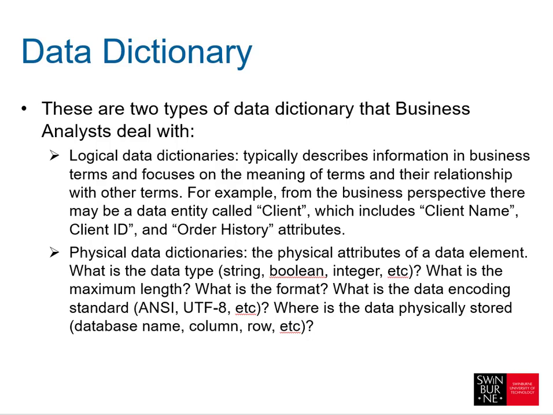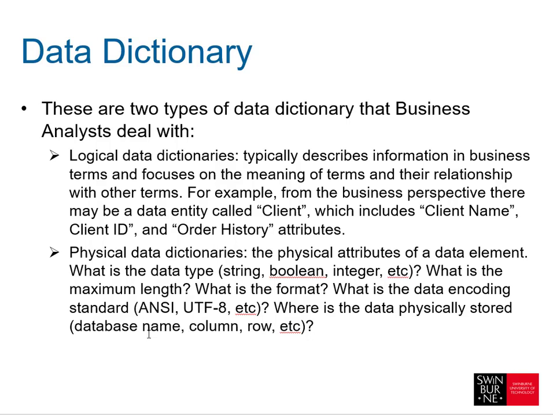And then we can also create the physical data dictionary. The physical data dictionary shows you the physical attributes of a data element. For example, what kind of data type: is it a varchar type, or is it integers, numbers, date types? What is the length of the data? What is the format of data?